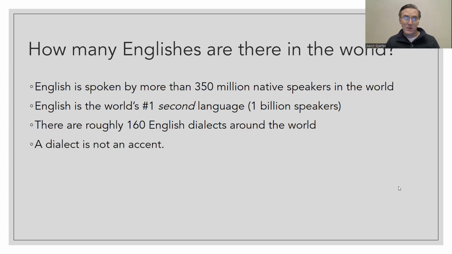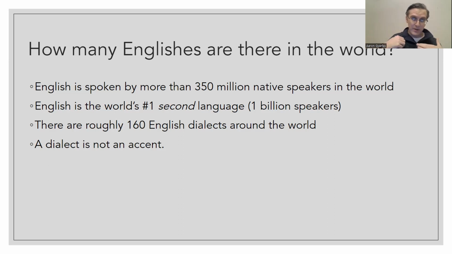And remember, when we talk about dialect, we're not talking about accent. The way you pronounce words is one part of a dialect, but dialectical differences could be not just pronunciation, it could be vocabulary, the very words you choose, and it could be the grammar, the structure of the language, right?